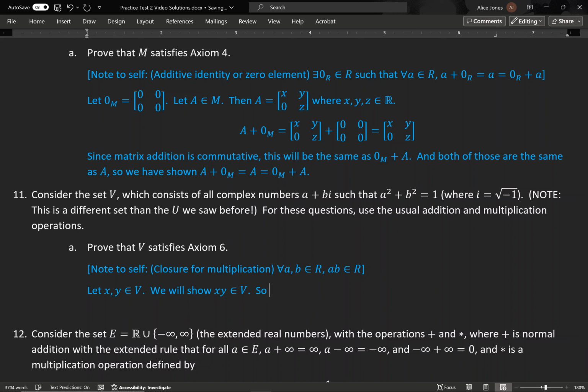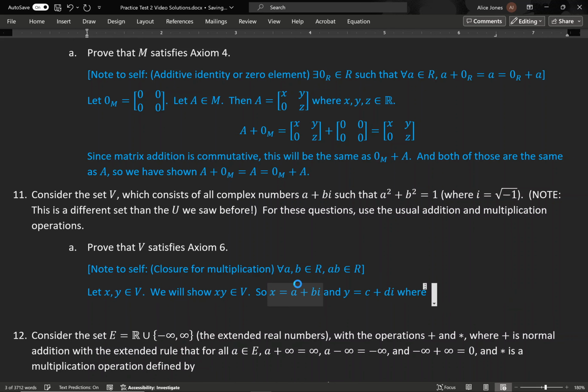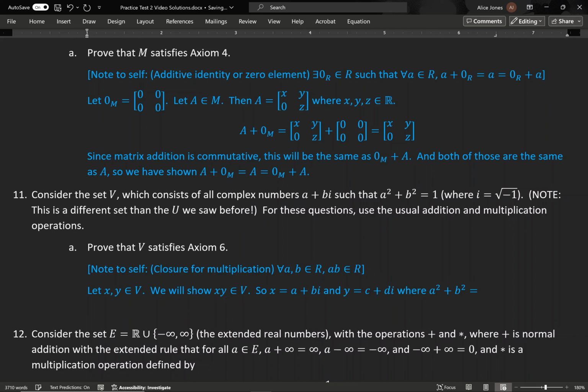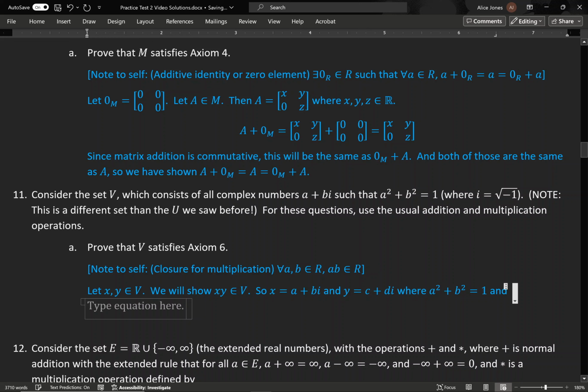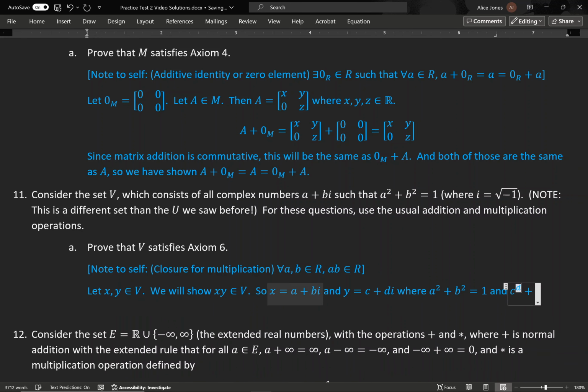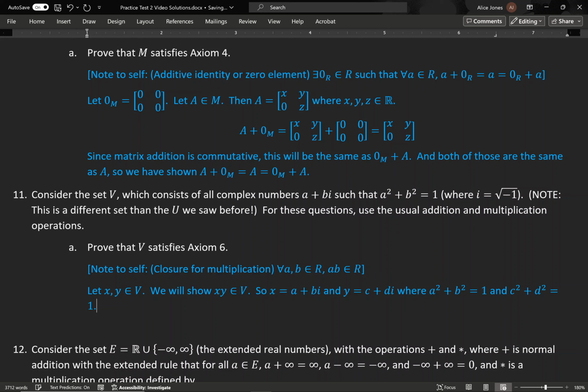So I can say that x equals a plus bi and y equals c plus di, where a and b satisfy the equation, so a squared plus b squared equals 1, and c squared plus d squared equals 1 as well. And then what I need to show is that when I multiply x and y together, whatever I get also satisfies this equation: real part squared plus imaginary part squared equals 1.